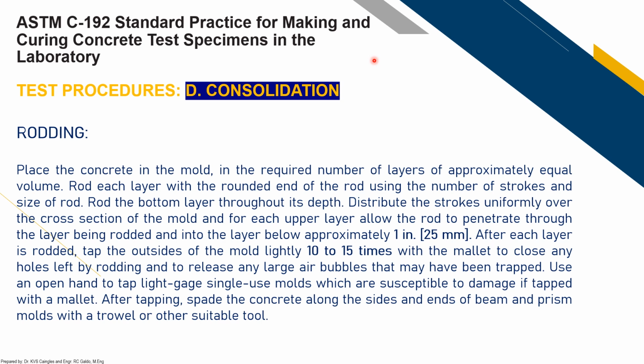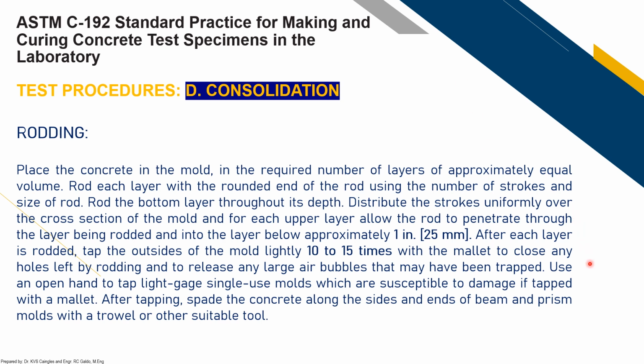Distribute the strokes uniformly over the cross-section of the mold, and for each upper layer, allow the rod to penetrate through the layer being rodded and into the layer below approximately 1 inch. After each layer is rodded, tap the outsides of the mold lightly 10 to 15 times with a rubber mallet to close any holes left by rodding and to release any large air bubbles that may have been trapped.